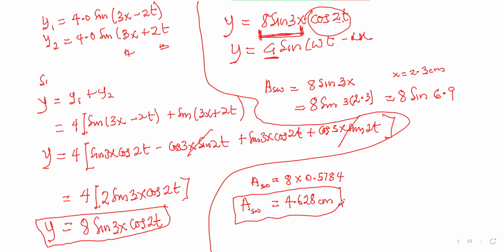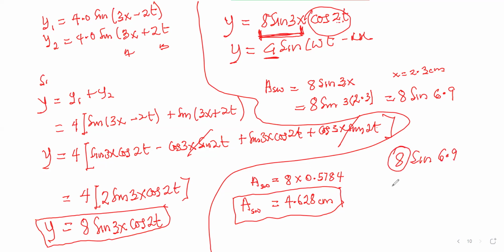Elizabeth: Please, after changing your calculator to the radian function, when you are multiplying with the 8, should you change it back to degrees, or can you still multiply it? No, the 8 is the coefficient of the sine. So we have 8 sine of 6.9.